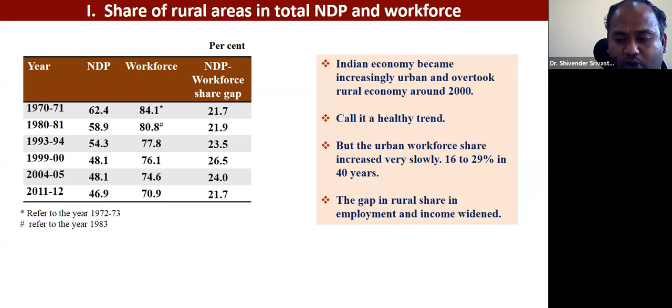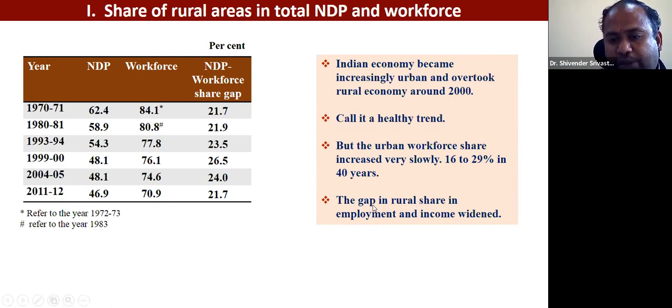After 2011-12, no base has been changed. So we do not have any data after 2011-12 on the output side, meaning net domestic product, rural and urban separate data we do not have. So this is one limitation. If you are planning any analysis, you should know this before you think of it, because it's sort of outdated. But in terms of employment, we have recent rounds also.